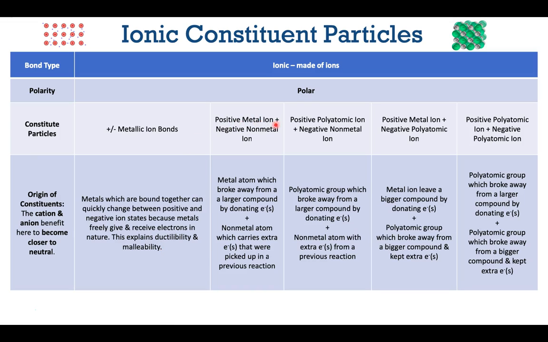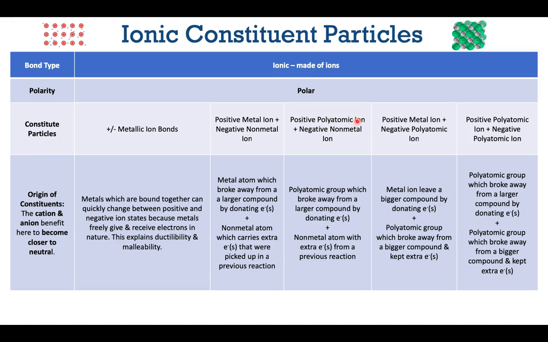Positive metal ions and negative nonmetal ions occur when a metal atom, which is broken away from a larger compound by donating an electron or electrons, is combined with nonmetal atoms which carry extra electrons that were picked up in a previous reaction.